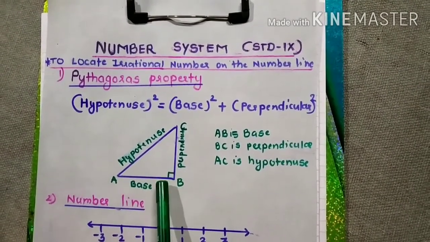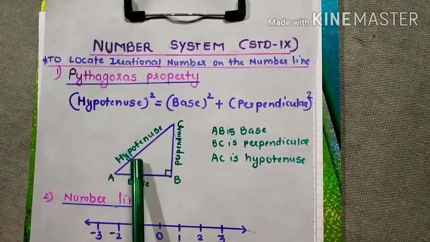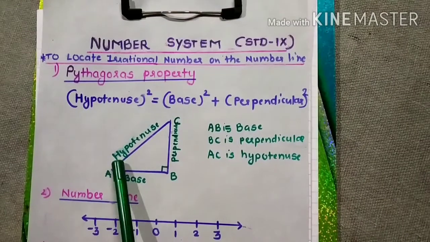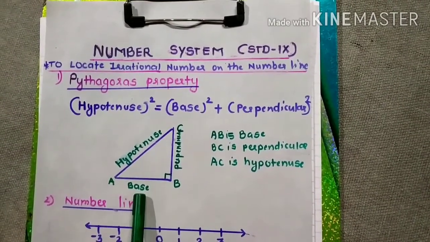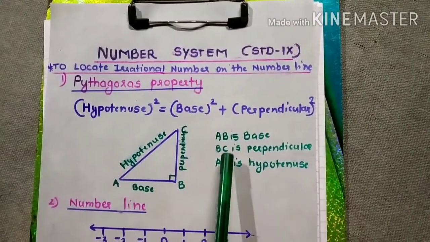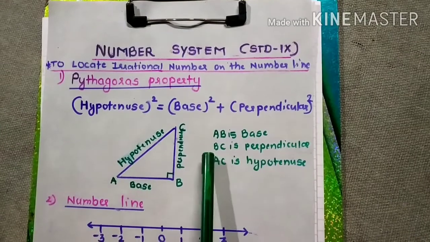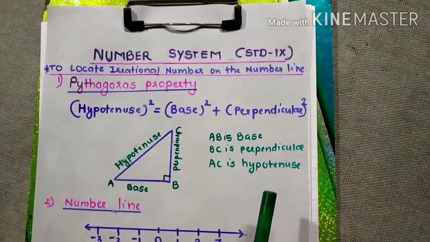You have to see the right angle, and opposite to the right angle, always this side belongs to hypotenuse. And next, this is a base, and this one is a perpendicular. So here AB is a base, BC is perpendicular, and AC is hypotenuse.